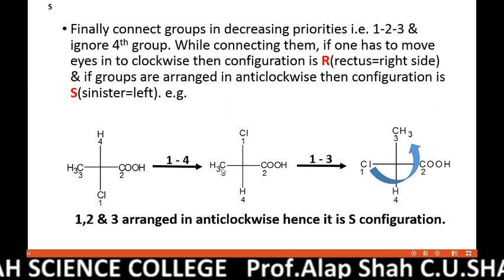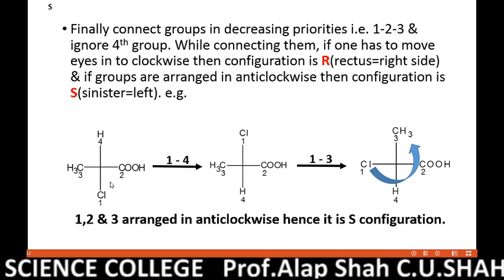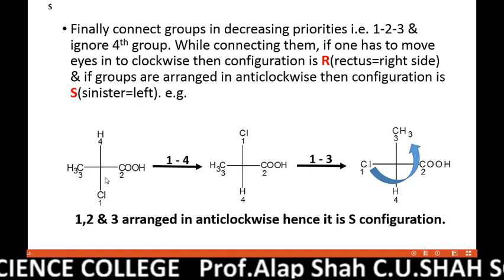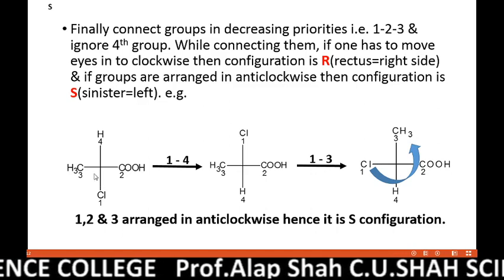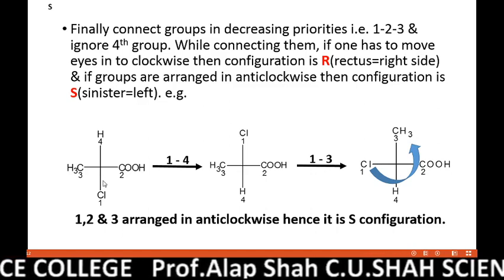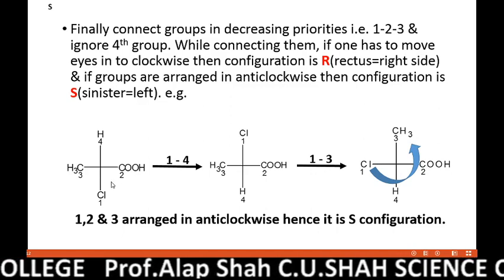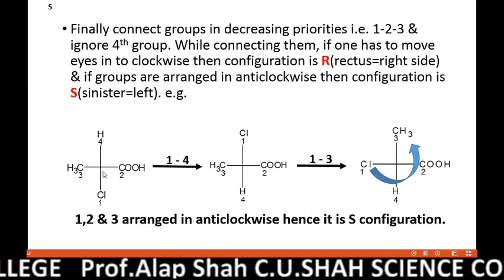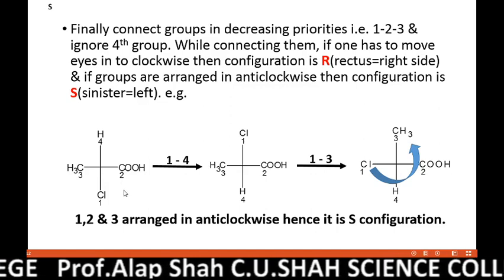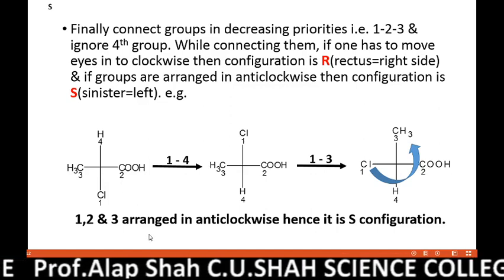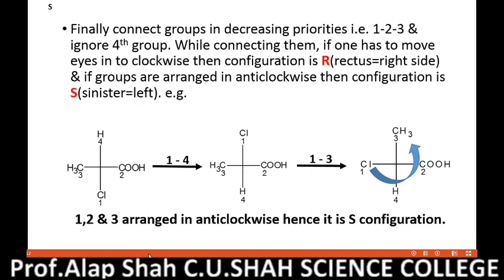And when a compound has more than one chiral carbon, the same process is performed individually for all asymmetric carbons. So I hope you understand RS nomenclature also.